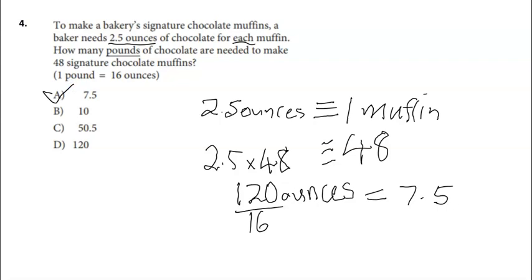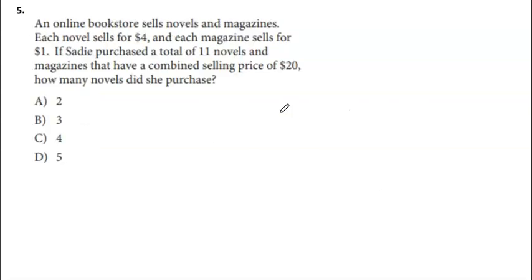Question number 5. All right. These kind of questions come up frequently, right? It says an online bookstore sells novels, right? And magazines.